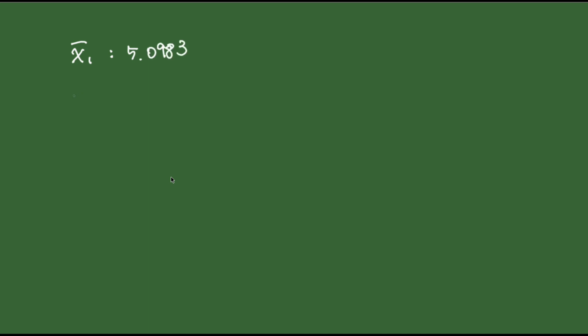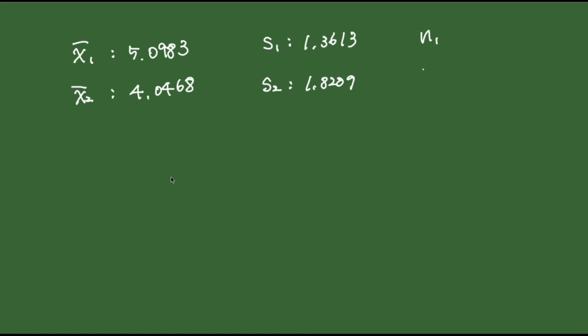And then x2 bar, the sample mean for the unseeded group, was 4.0468, and s1, the sample standard deviation for the seeded group, was 1.3613, and s2 was 1.8209, and n1 and n2 were both 15. We have equal data points for each group.